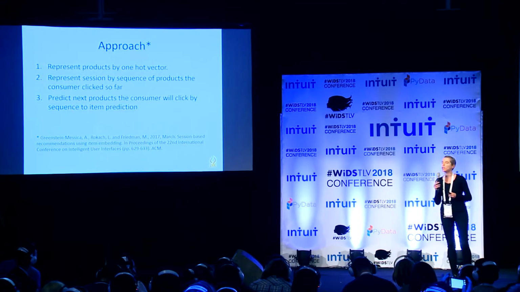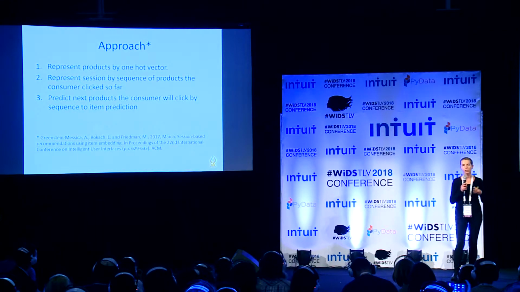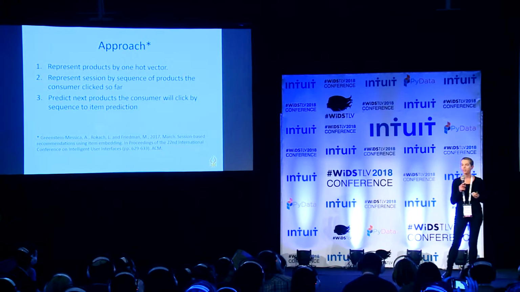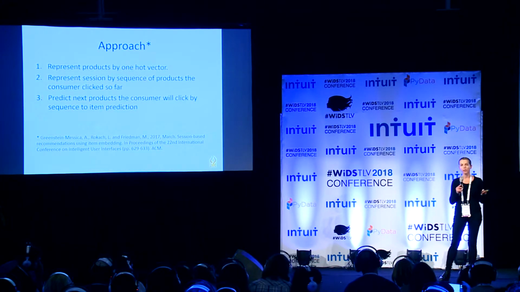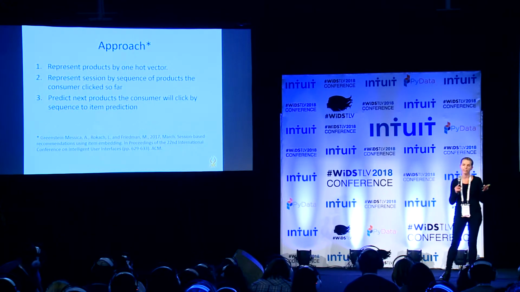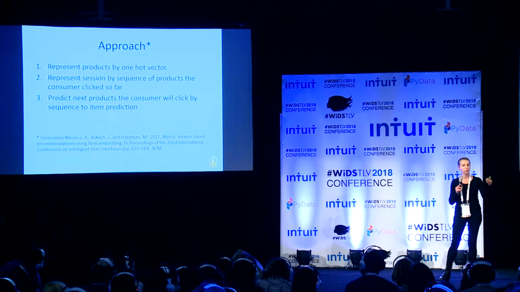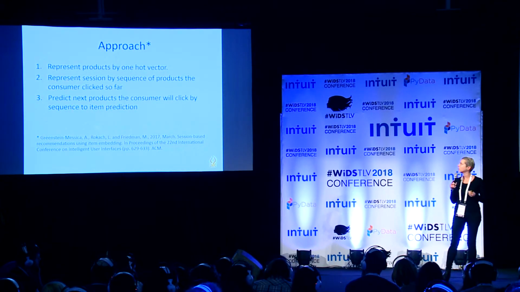And the approach is similar to natural language processing. What we do is we represent each product by a one hot vector. So each product is like a word, and the session, like the journey of the user within the e-commerce website, is like a document.